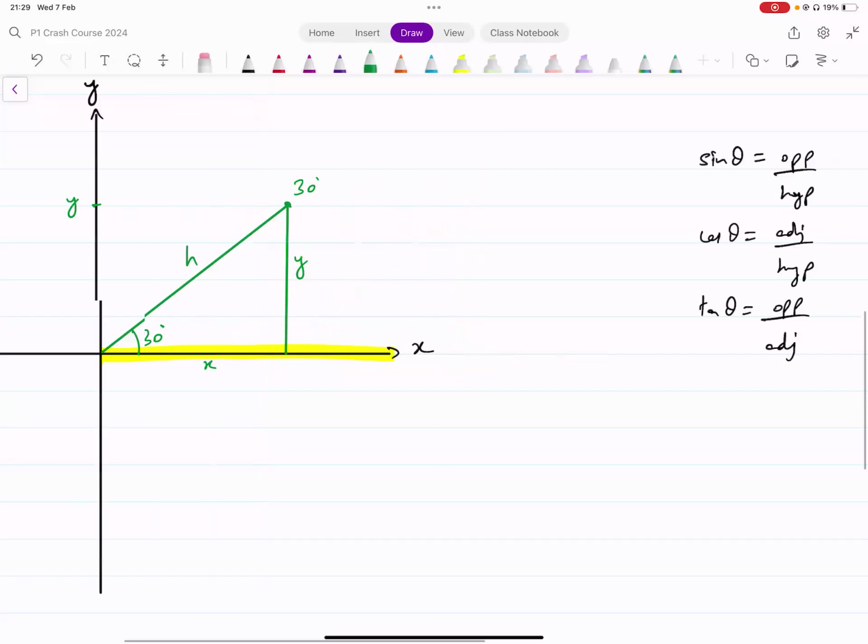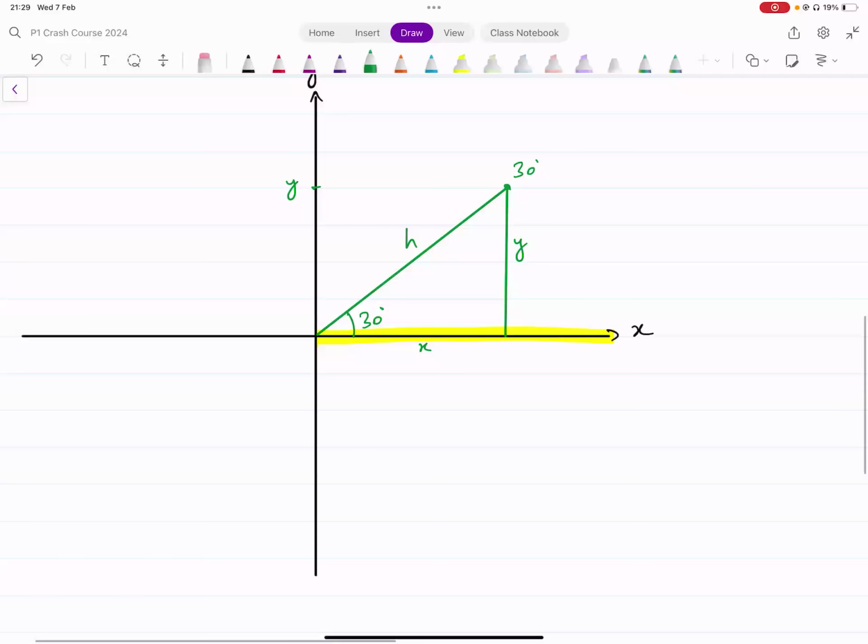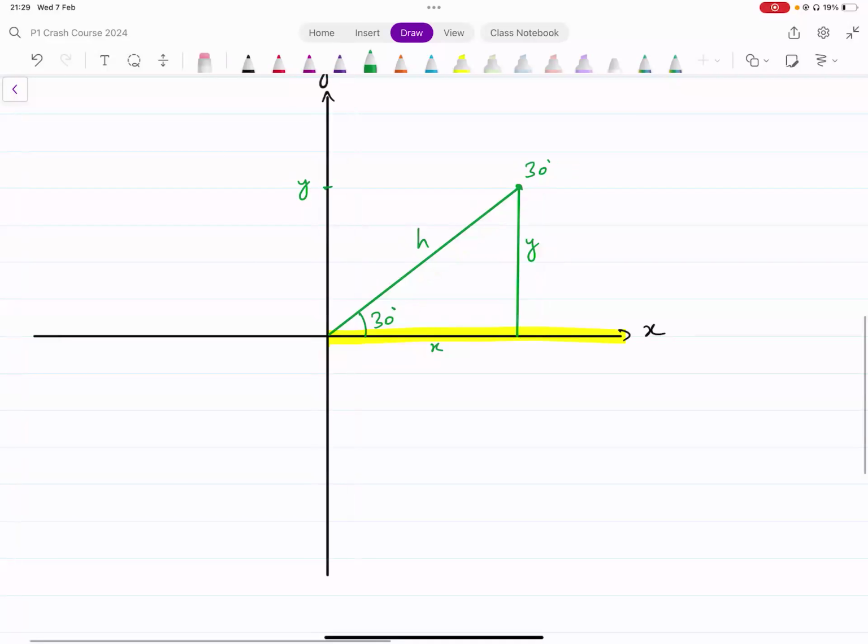Instead of writing sine, cos, and tan in terms of opposite and adjacent, let's define sine, cos, and tan using the x and y coordinates instead. So we have this triangle. We would say y is the opposite, right? x is adjacent.